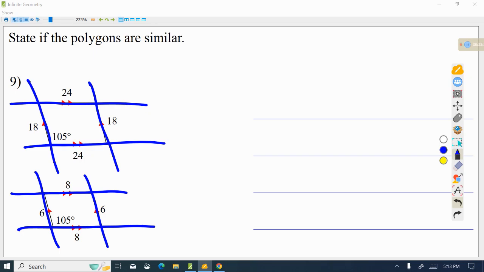As we do that, we can see that on this side we have to have 105 and 105, and because of our same side interior, I know that these have to add up to 180. These two same side ones have to add up to 180, so 105 and 75. So these two parallelograms have all corresponding angles equal. So we have the first thing done, corresponding angles.